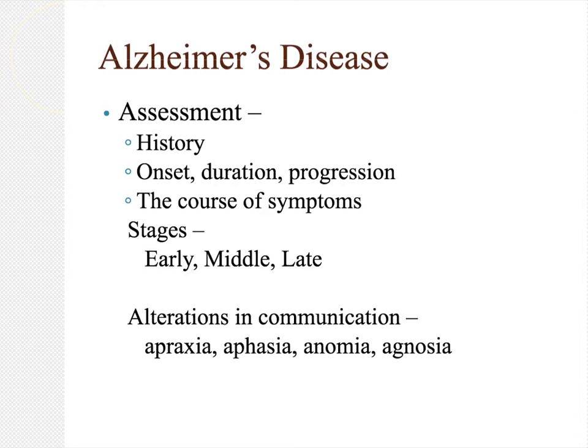As you can imagine, these can be easily mistaken for just getting older, especially forgetfulness and short-term memory loss. To some degree, that is expected in an older person. That's why sometimes the onset is almost imperceptible.